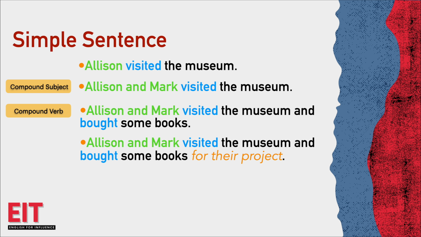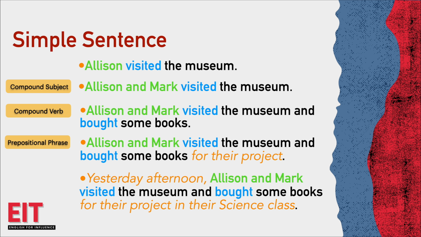Or I can also add some extra details, like we're talking about some books. Books for what? Books for their project. So I added a prepositional phrase for their subject. Prepositional phrases are phrases that start with a preposition, for their project. And I can also add an adverb of time to answer the question when.